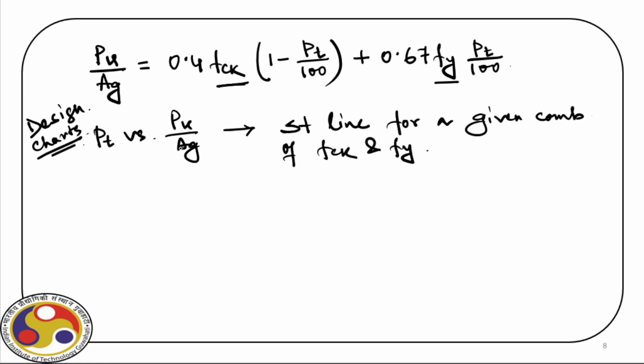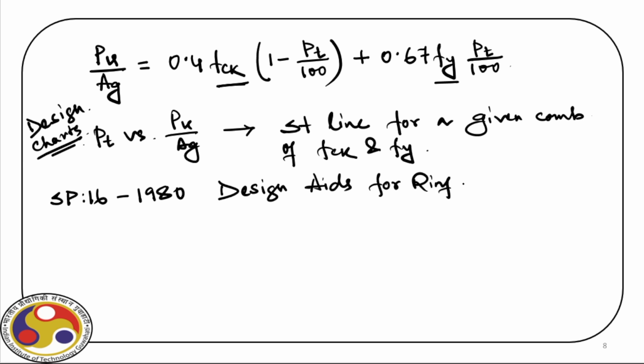These type of design charts are available, and for that we have another codal provision that is called SP16 1980. This is the design aids for reinforced concrete to IS 456.